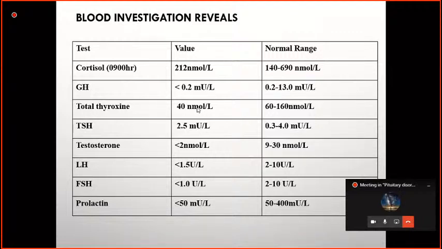Anything? Yes? The patient might be on steroids. Maybe. Yeah.